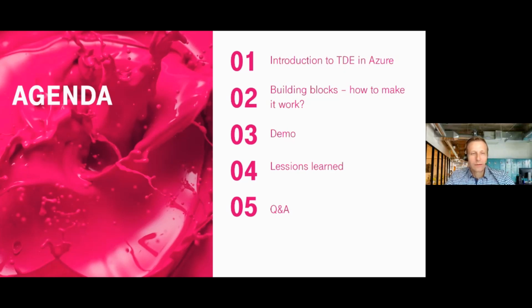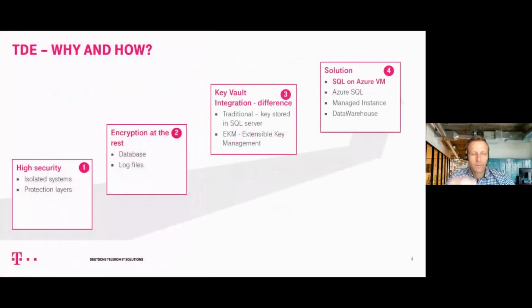So let's get started. What is transparent database encryption and how does it come into the picture? As I mentioned, I'm working for quite large enterprise customers, and one of them requested a highly secured environment where literally everything should be secured at the top level. If we are talking about security, there are different layers and different levels of security.